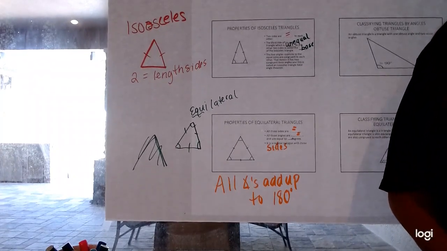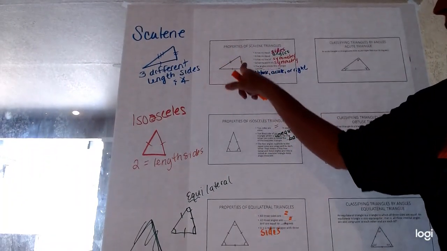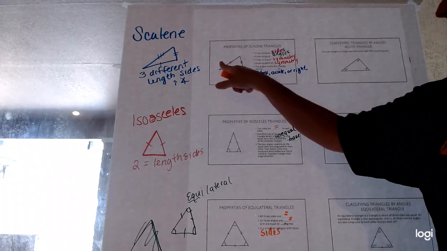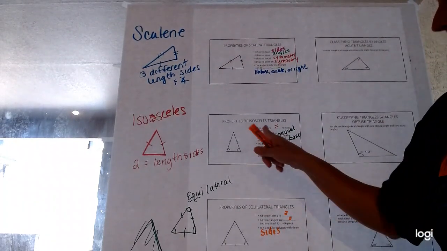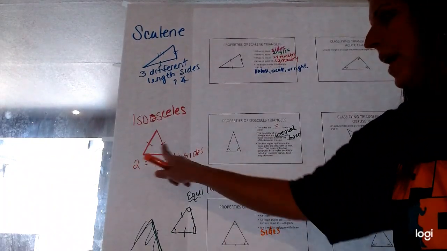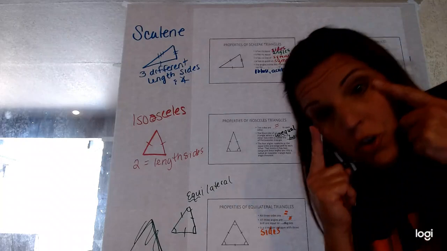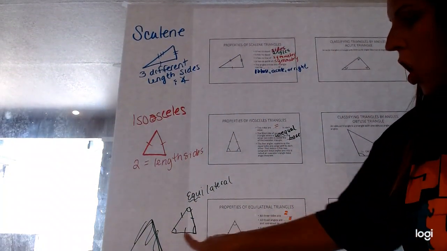Okay? So we have a scalene, three unequal sides with three unequal angles. And those angles can be obtuse, acute, or right. Isosceles, the two sides are equal and two angles are equal. I have two eyes. And then an equilateral triangle, all your sides are equal.